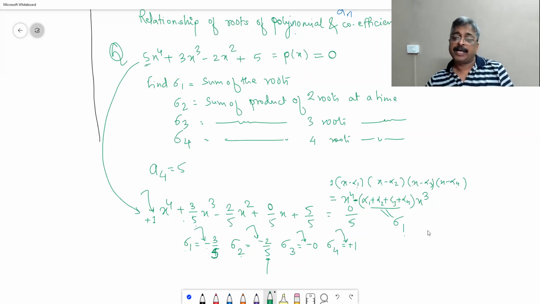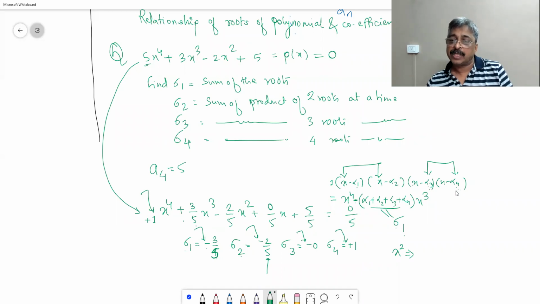When I write down the coefficient of x square, I have to choose x from 2 brackets and constants from 2 brackets. Those two constants come with negative signs, and they get multiplied to each other, hence the summation will be positive.